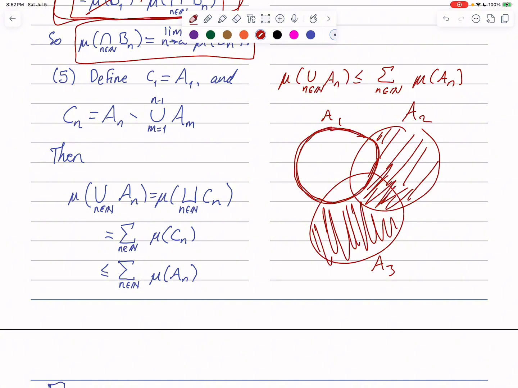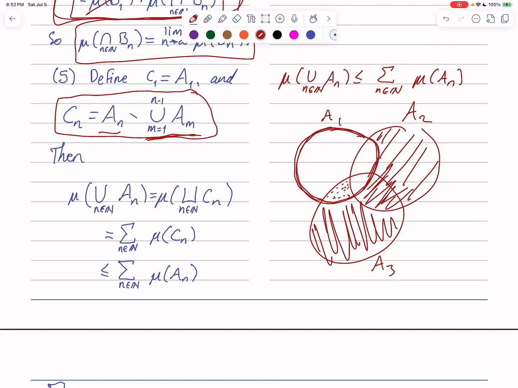But we won't just subtract A2, because if we merely subtracted A2, then we might have overlap with A1. So we don't want to just subtract A2, we want to subtract everything that came before. And therefore, for each n, Cn will be An, but then subtracting off everything that came before.